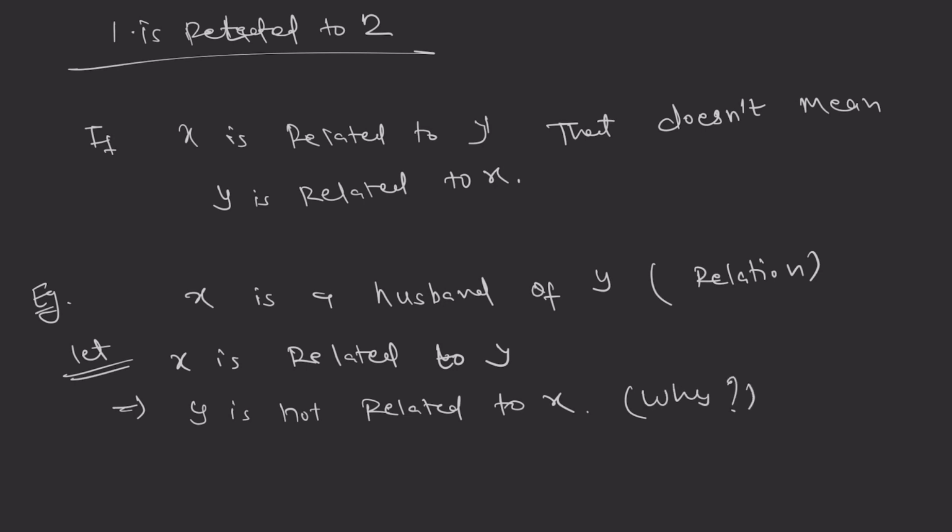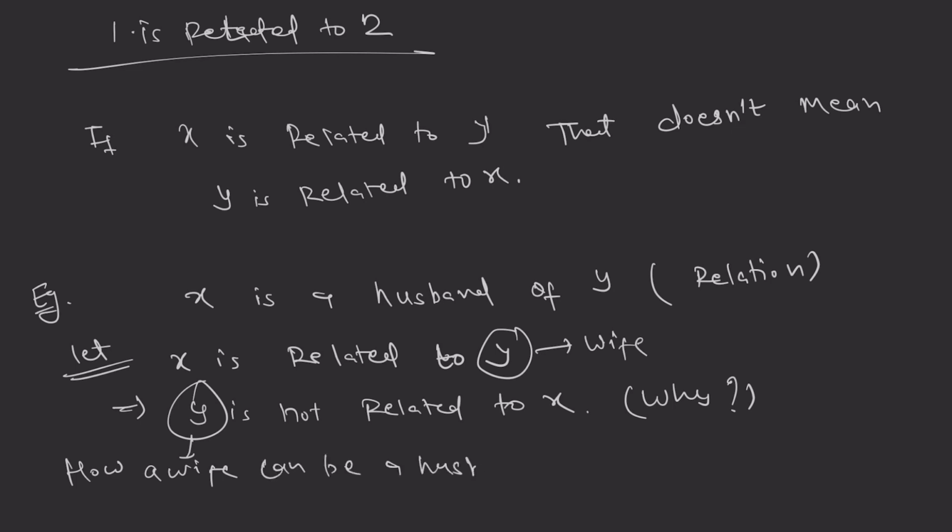Because y will be a wife. And how can a wife be a husband? So y is not related to x, because for y to be related to x, y should be husband of x. But that is not possible because y is a wife.